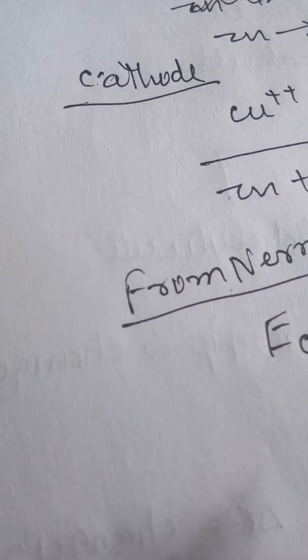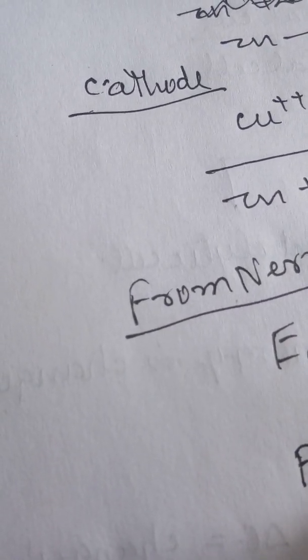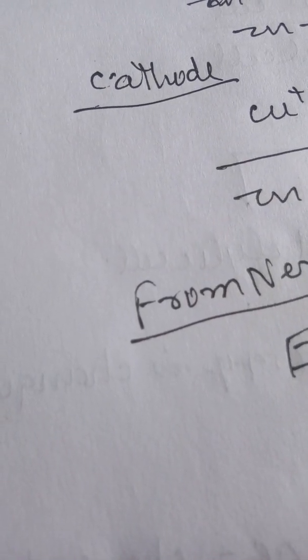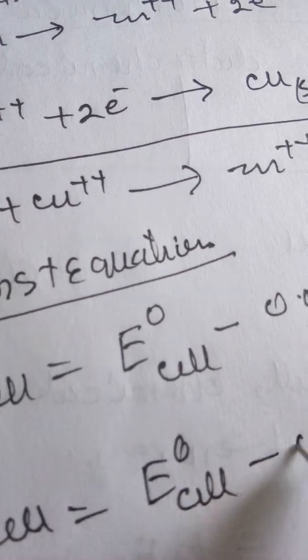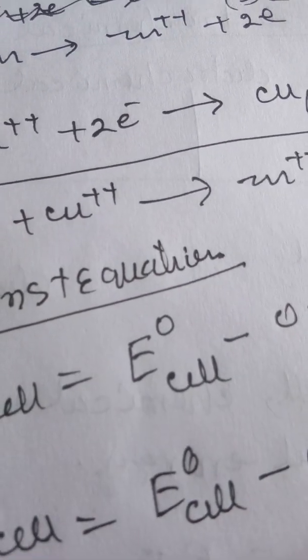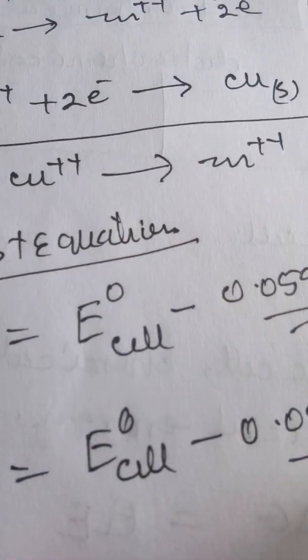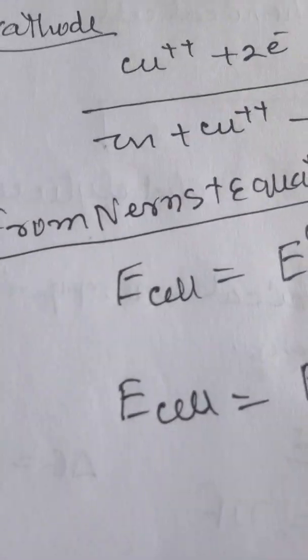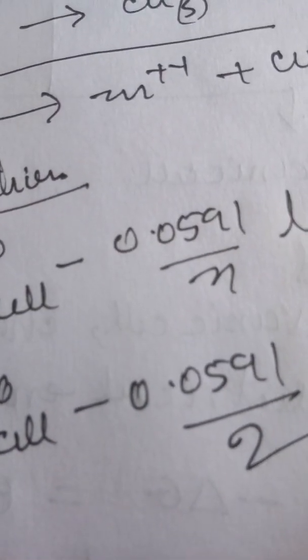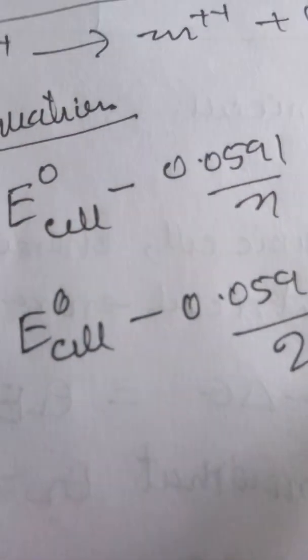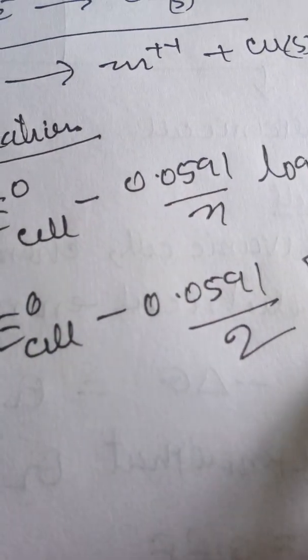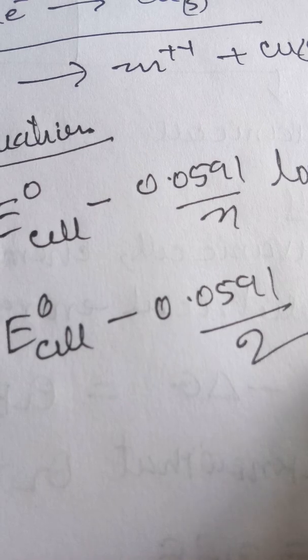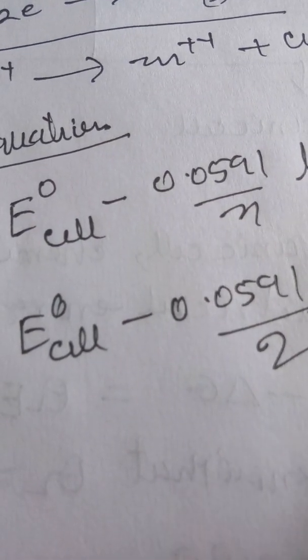So the EMF of the cell is equal to E0 of the cell minus 0.0591 upon 2, since 2 electrons are transferred, and the concentration of the product, which has two things: the solid and the zinc ion, divided by the concentration of the zinc solid and the copper ion, like this.